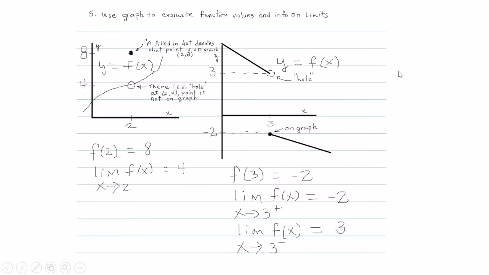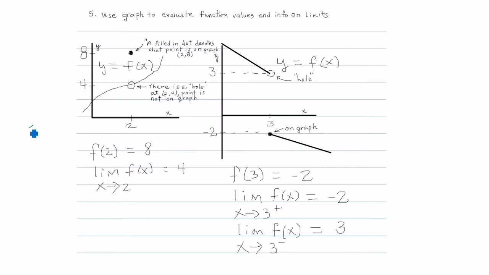Now, another thing you're going to do is probably you'll see some graphs presented to you on the quiz, and you need to evaluate function values and info on limits. And I've got a couple of examples, and you've had plenty of them in your homework.